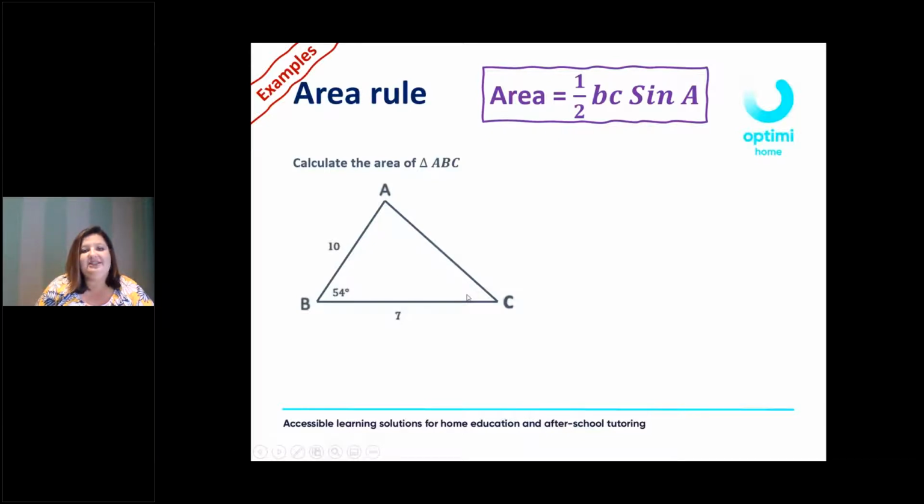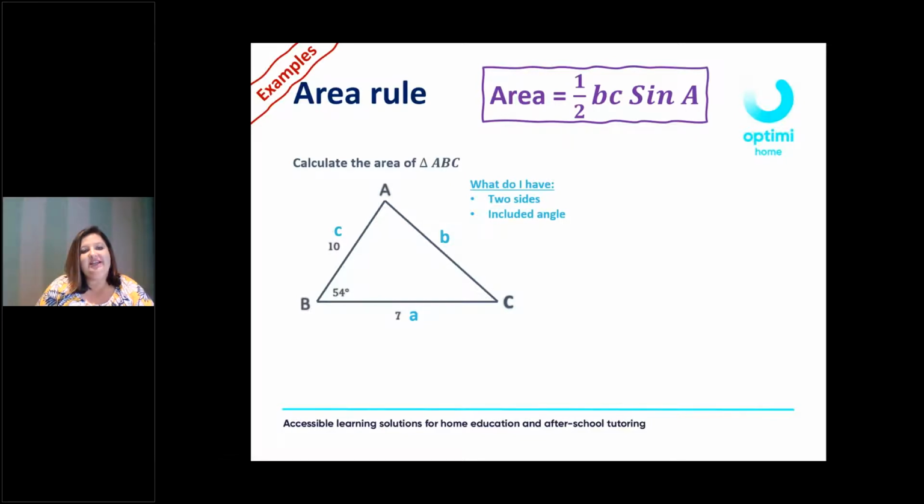I just want to label my sides as well. So the side opposite my angle A is small letter a. The side opposite my angle B is small letter b. And the side opposite my angle C is small letter c.